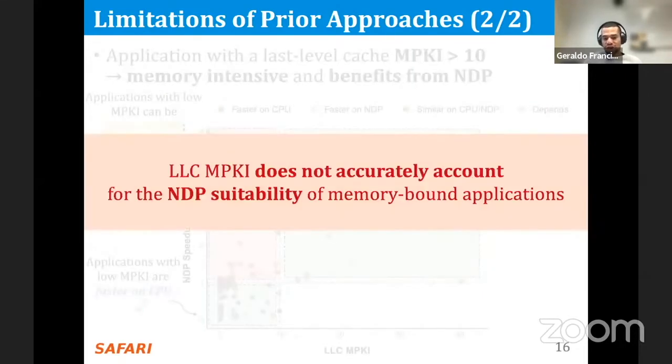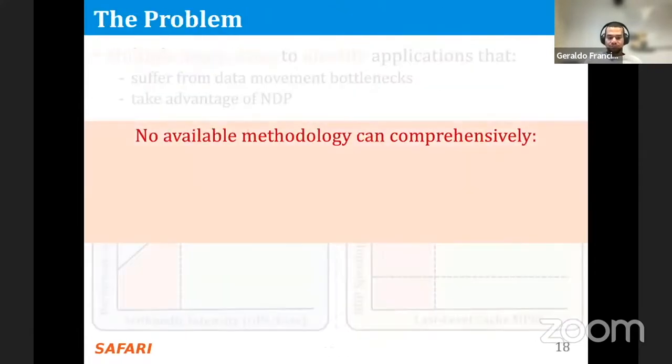Therefore, we also conclude that last level cache misses per kilo instructions cannot currently account for the NDP suitability of memory-bound applications.